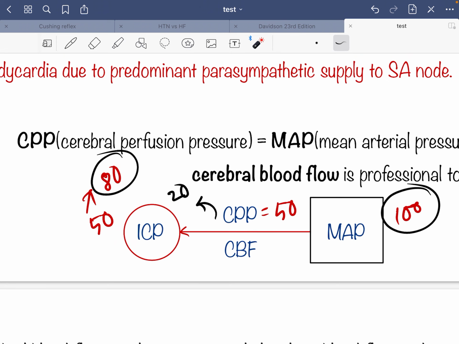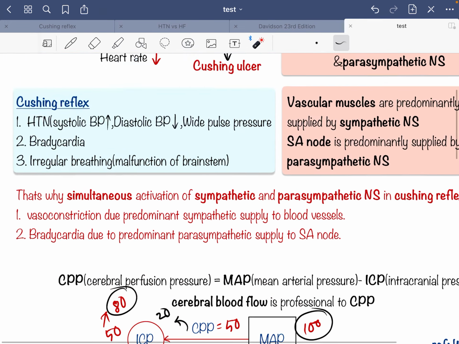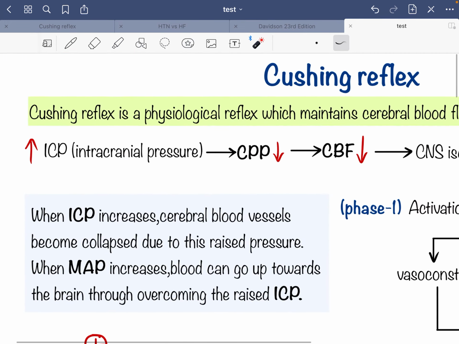So our body will physiologically try to compensate for this by increasing the mean arterial pressure to increase the cerebral perfusion pressure. So what will happen to increase this mean arterial pressure? To activate the sympathetic nervous system. Actually these things will happen there.